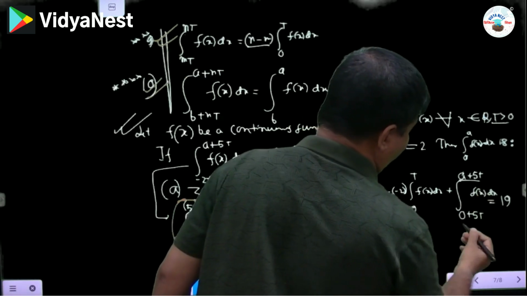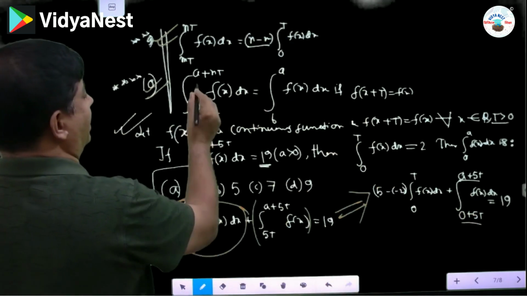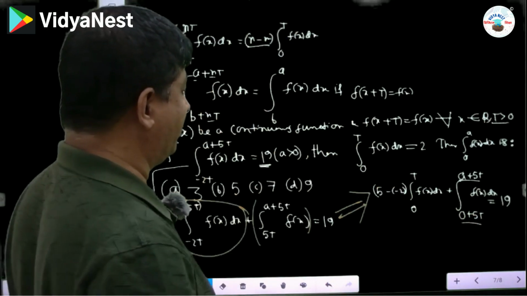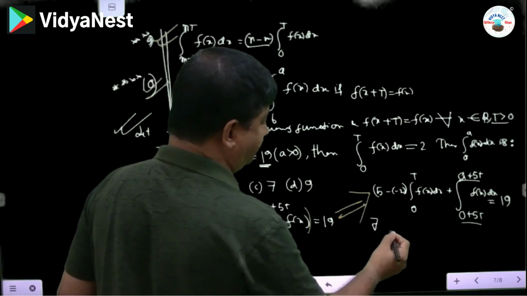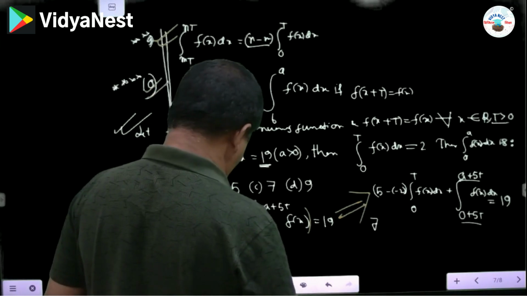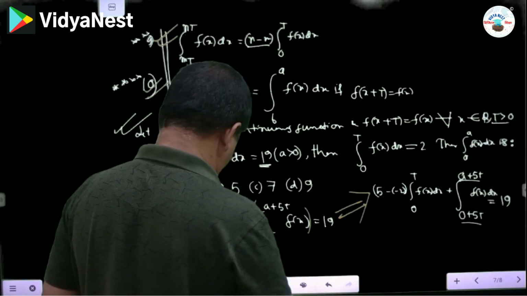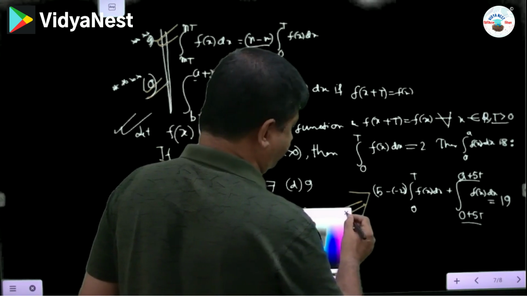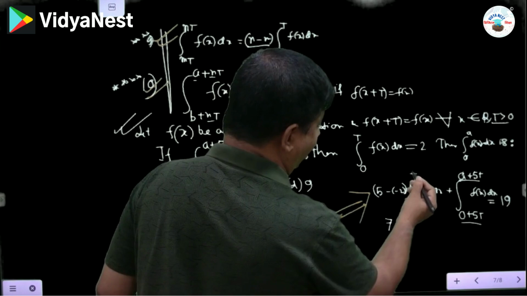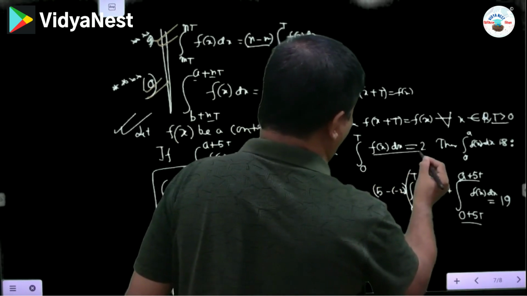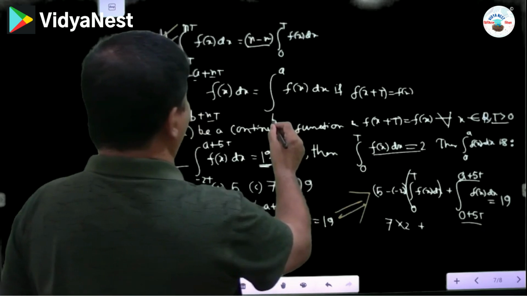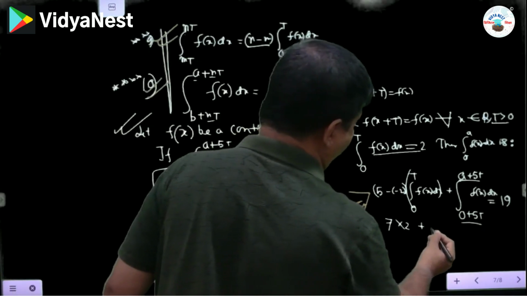So that formula resembles this thing, a, b, nt, nt. 5t is nt. So this is 7, and this part value is given in the question as 2. And here I will use this. It will become 0 to a.